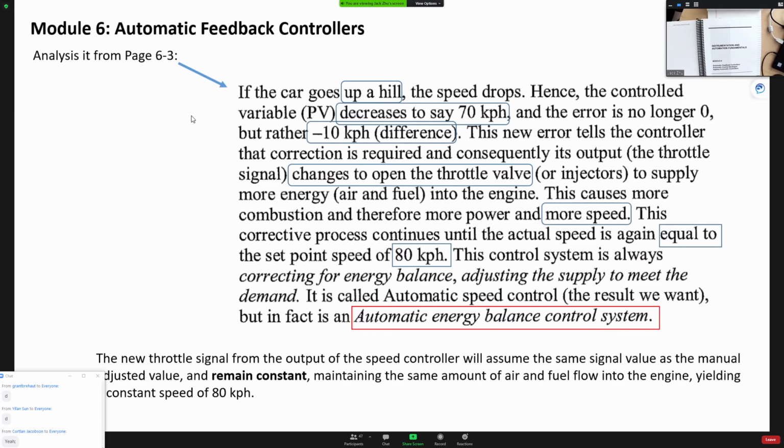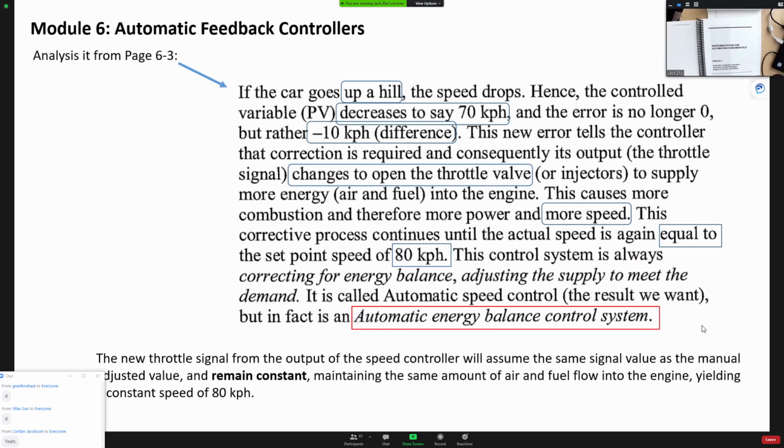This one we already know. If you have a cruise control system in a car and you set the speed, and the car either goes up a hill or down a hill, when the speed changes, it will always make an adjustment based on the new speed compared with the setting speed.